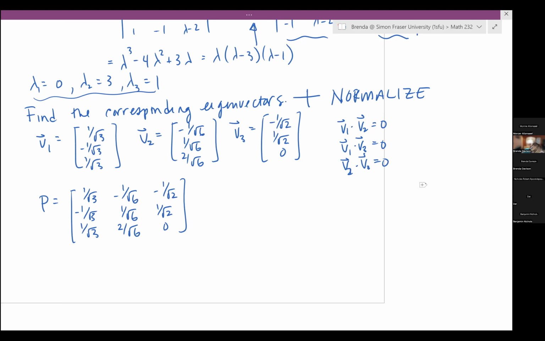And we can also write out what is D. That is the matrix with the eigenvalues in the same order that we put the eigenvectors in on the diagonal. There. And of course, you could then write out P transpose AP equals D and confirm that. It's just more work, that's all.